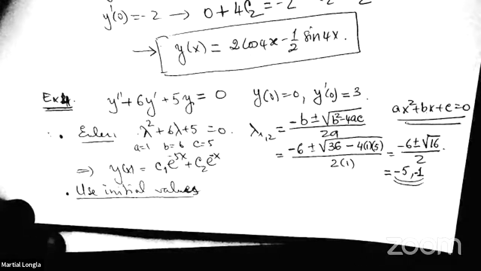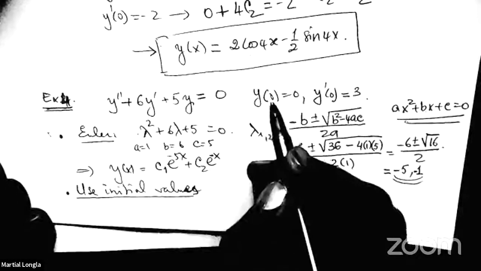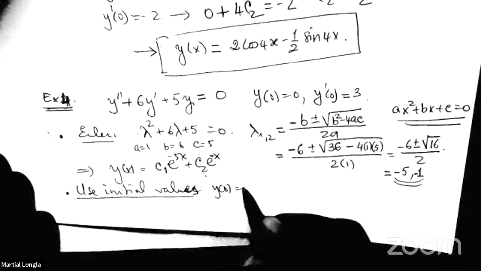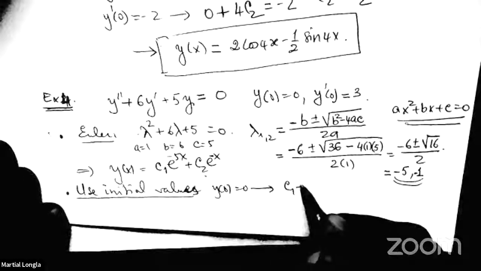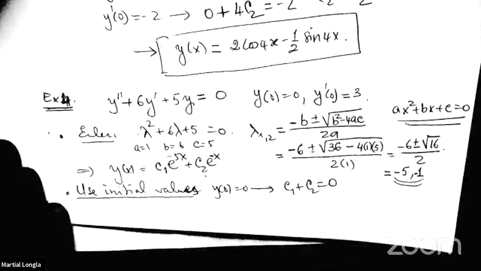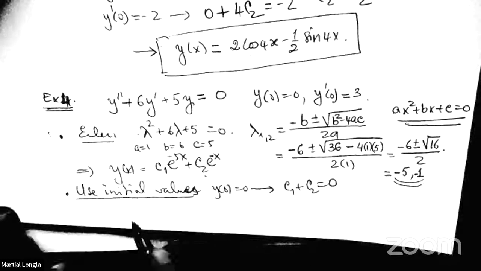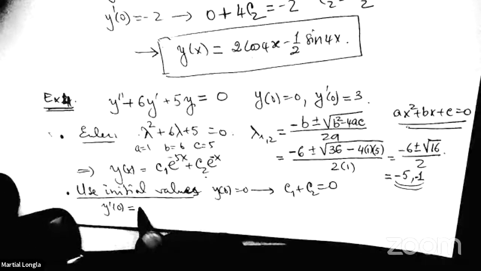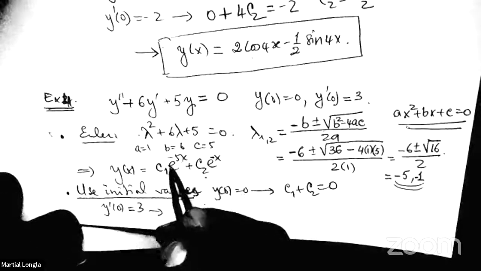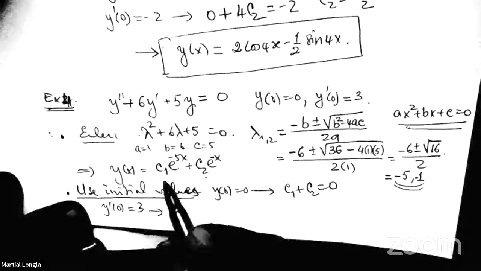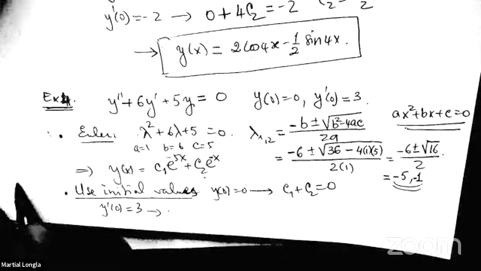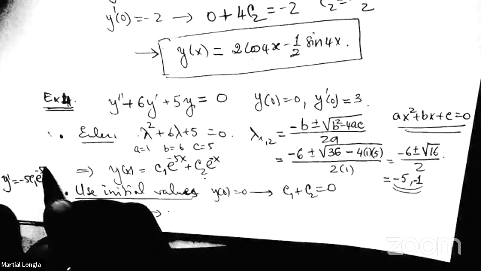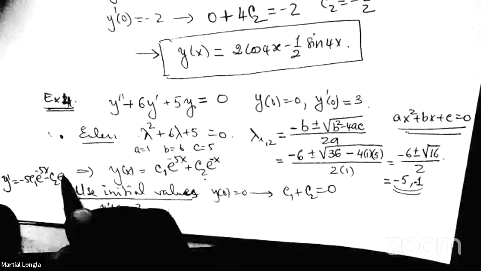And so here, you plug in 0. Y of 0 equals 0, so that gives us c1 plus c2 equals 0. Then you got y prime of 0 equals 3. You take the derivative to get y prime. So y prime is -5 c1 e to the -5x minus c2 e to the -x.